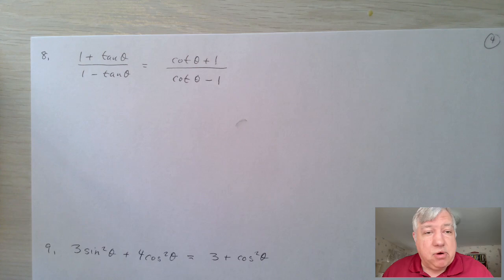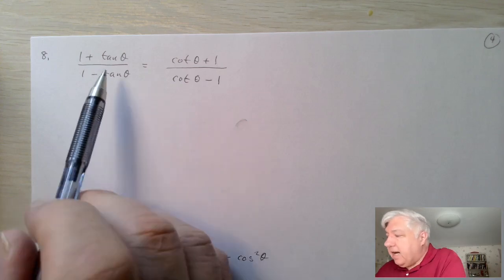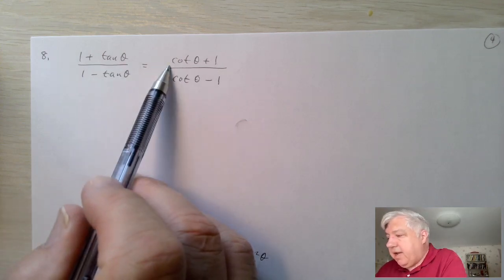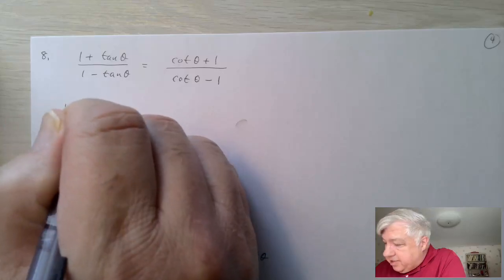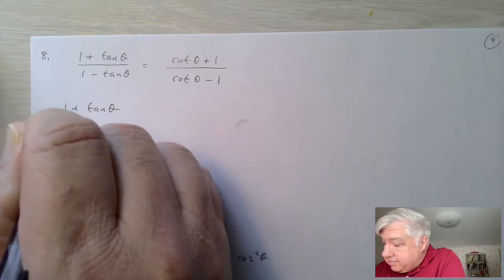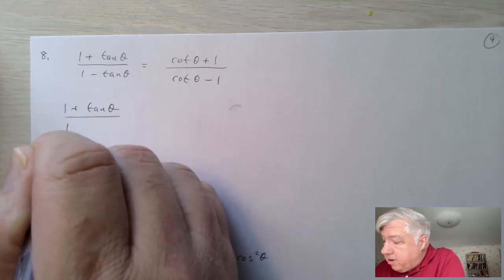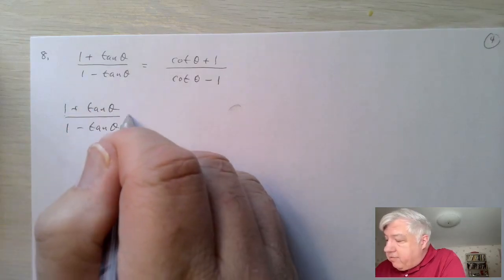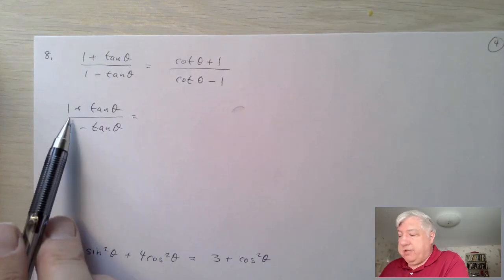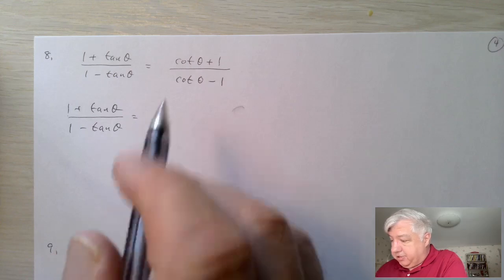Actually, we can do a little trick here, because we know the tangent and the cotangent are reciprocals of each other. If we take 1 plus the tangent of theta, or 1 minus the tangent of theta, we can actually factor out this tangent from both sides.